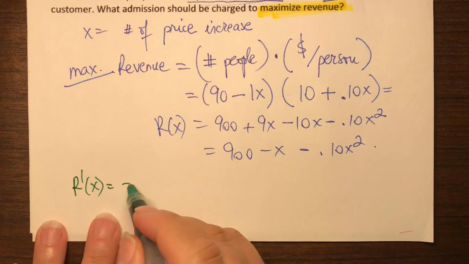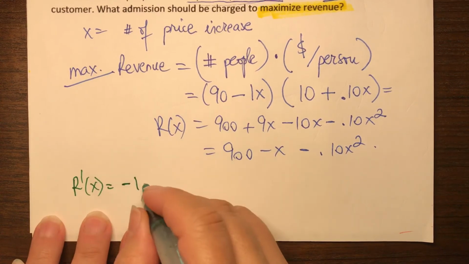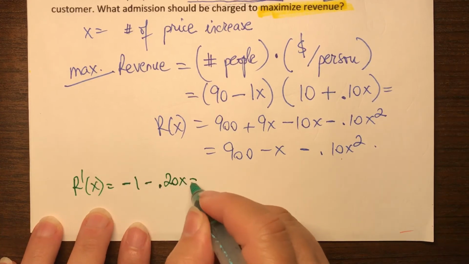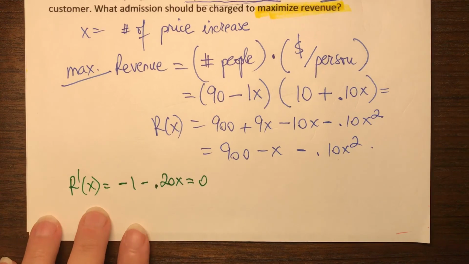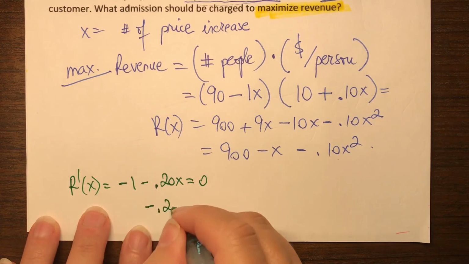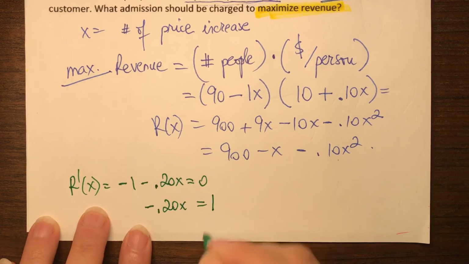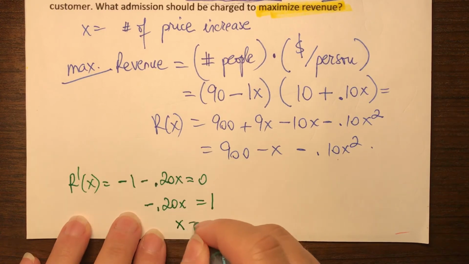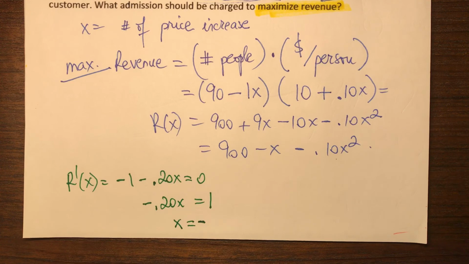What's going to be the derivative? It's -1 minus 0.20x. Set it equal to 0. This time something funny is going to happen. Okay, throw the 1 over. What I'm showing you is that you're going to end up with a negative. So 1 divided by 0.20, if I'm correct, that should be a 5, yes.